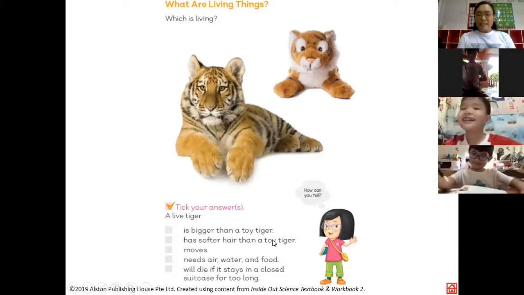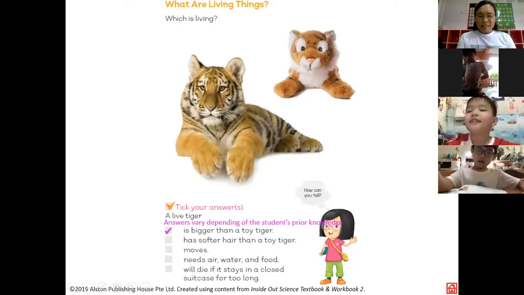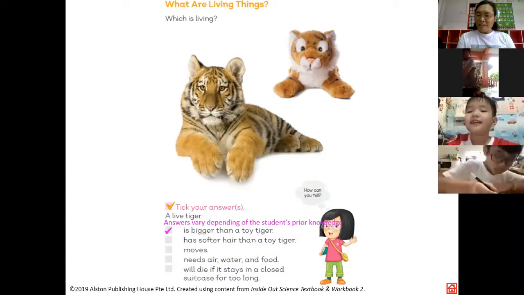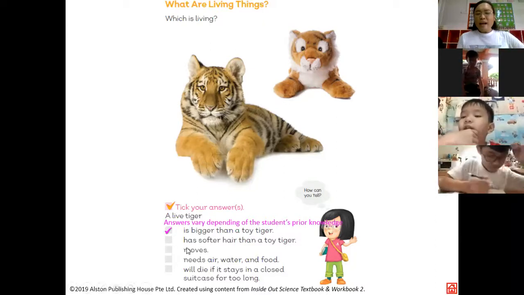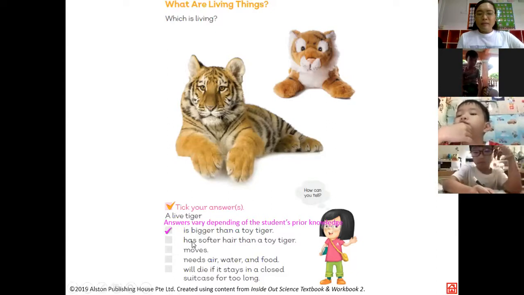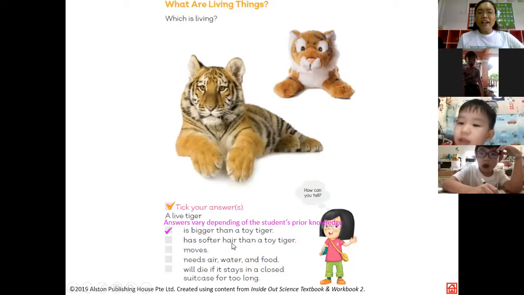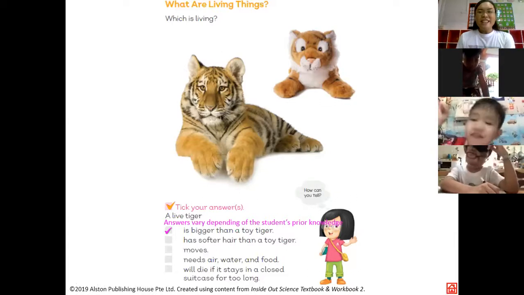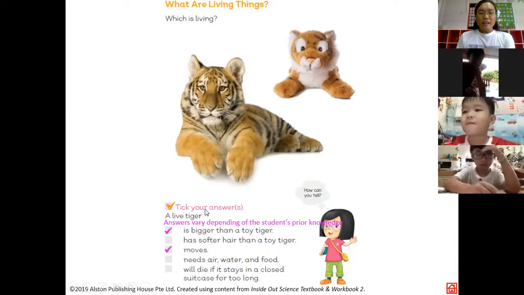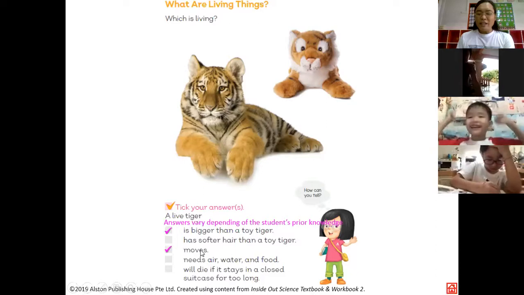Let's try to see which one is correct. A live tiger is bigger than a toy tiger. That's right. What about the second one? A live tiger has softer hair than a toy tiger. Is it correct? No. A live tiger moves, yes or no?